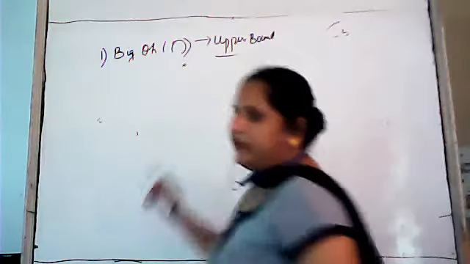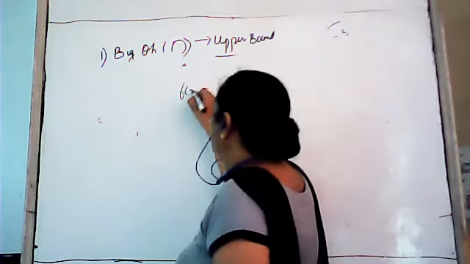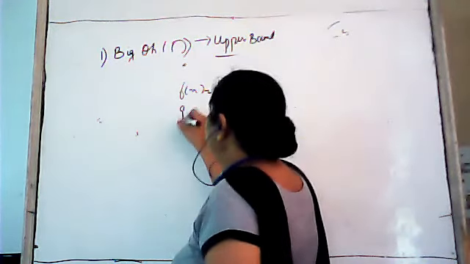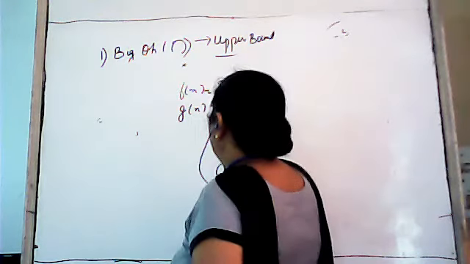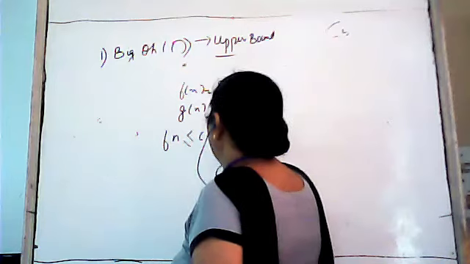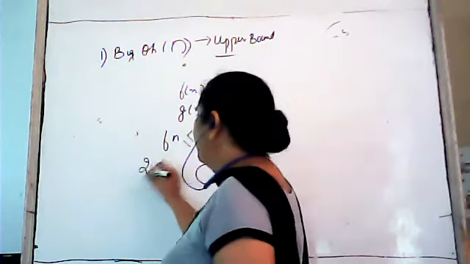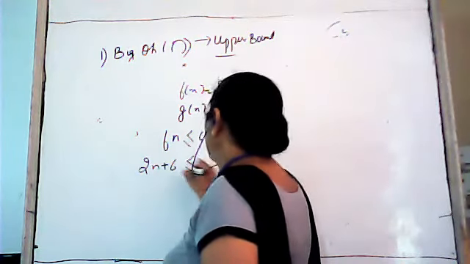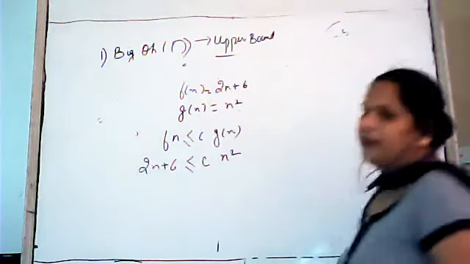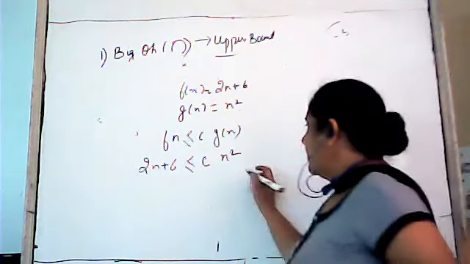Fine. See, I have given you the problem: f of n is equal to 2n plus 6 and g of n is equal to n square. We have to prove f of n is smaller than c of g of n. So you will write 2n plus 6 here and it should be less than c dot n square. You have to find the value of c and n.